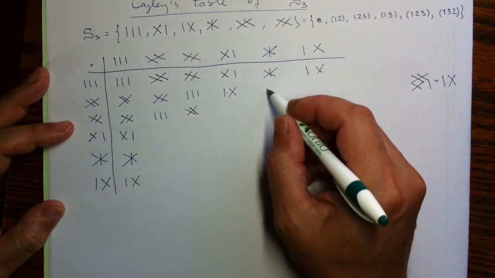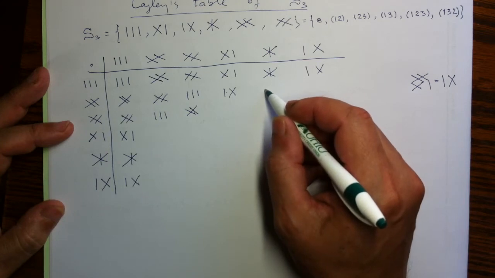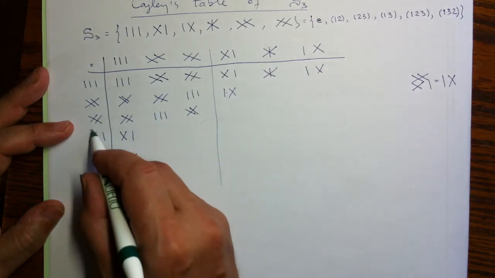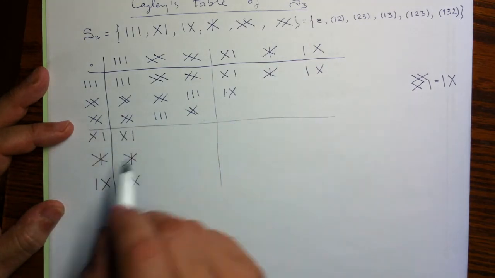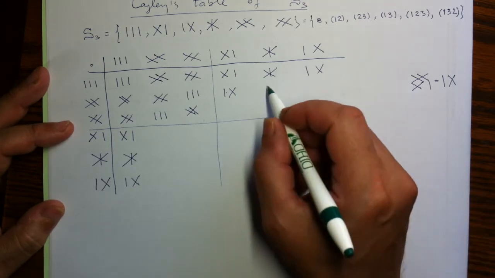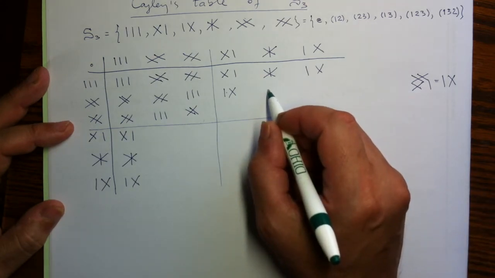So then, following the same rule, if I separate my table into blocks, again I'm doing guesswork, but okay, let me not do it and do it according to the rule.